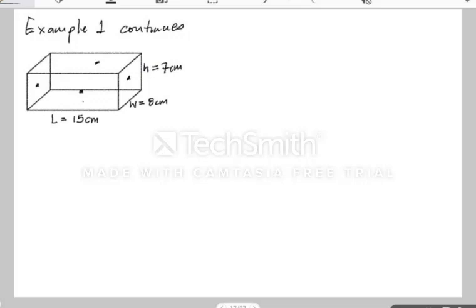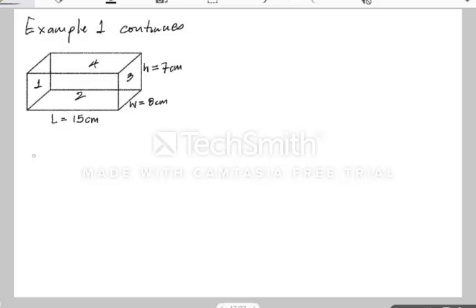Let's put in some numbers instead. Let's say that this is side 1, side 2 here at the front, side 3 here at the side, and side 4 at the back. You should be able to recognize that sides 1 and 3 are identical, and sides 2 and 4 are identical. And then of course there is the what? There's the top and there's the bottom.